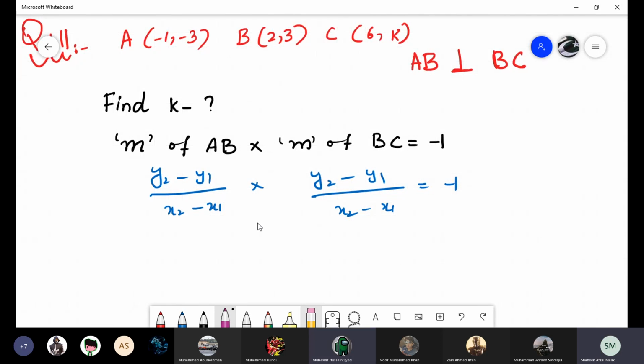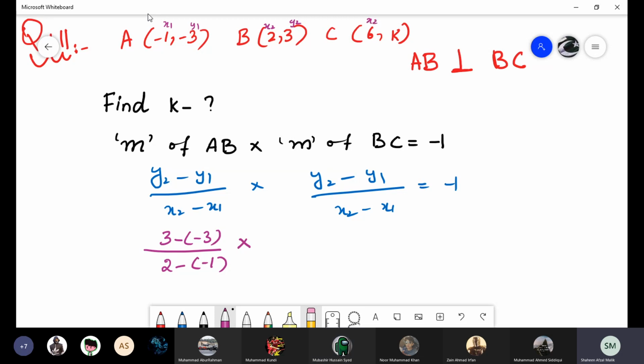For AB, this 3 is Y2: 3 minus -3 over 2 minus -1, multiplied by the next one, BC.